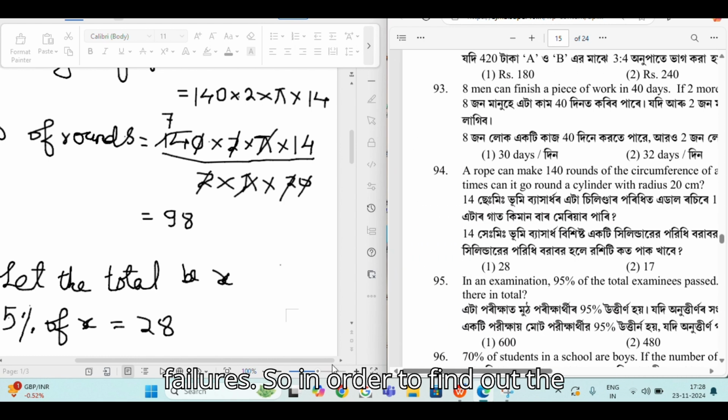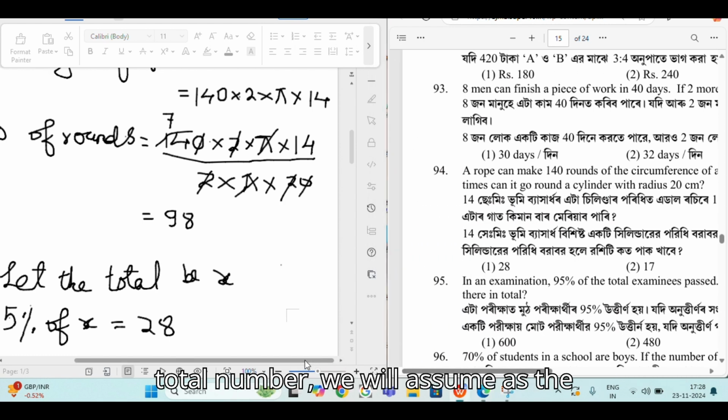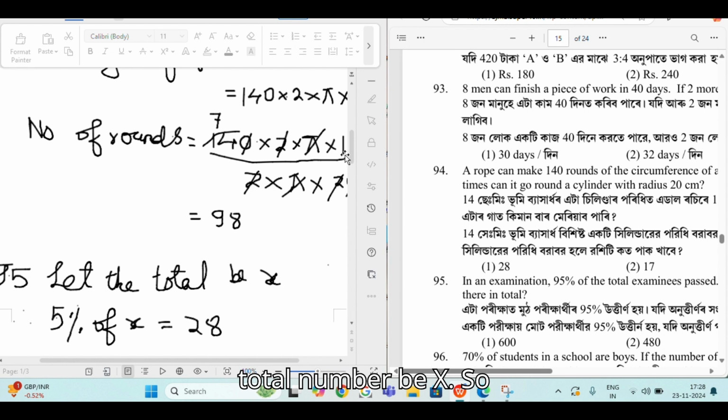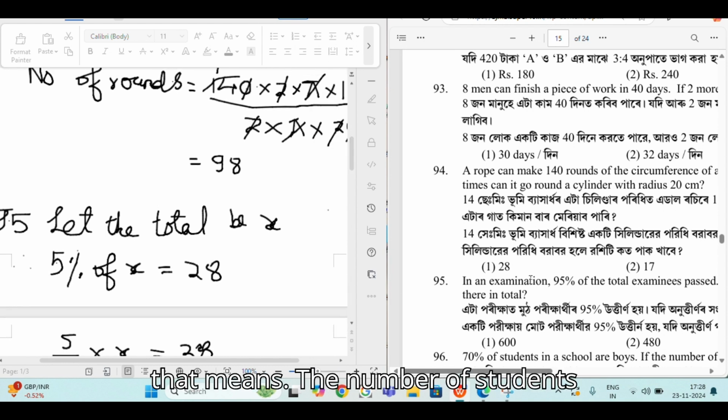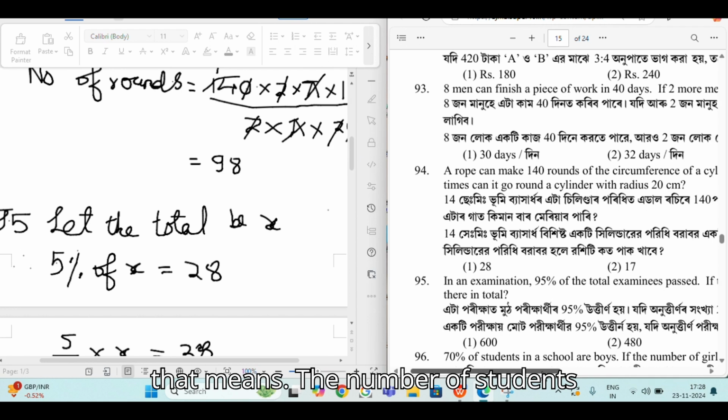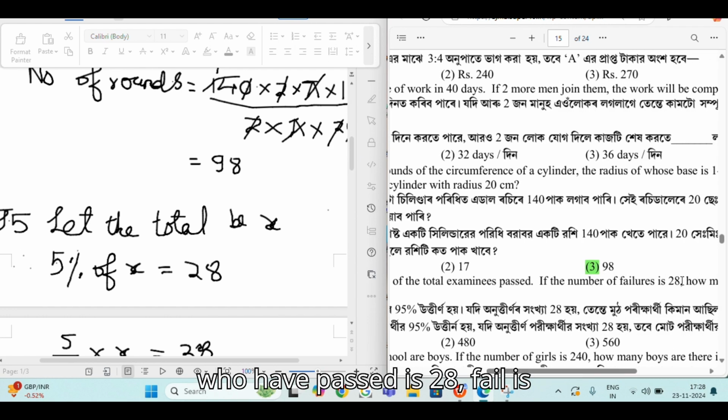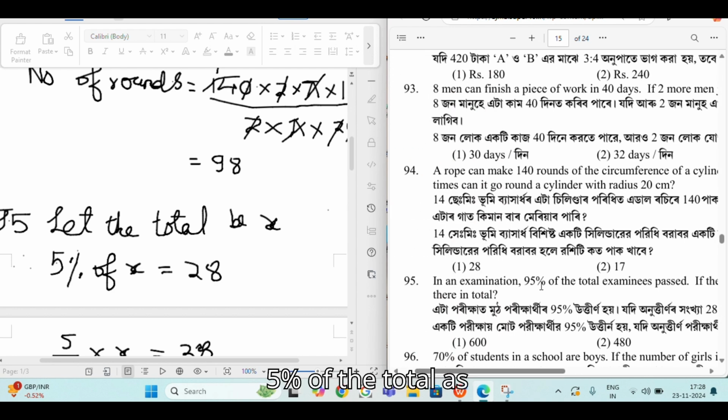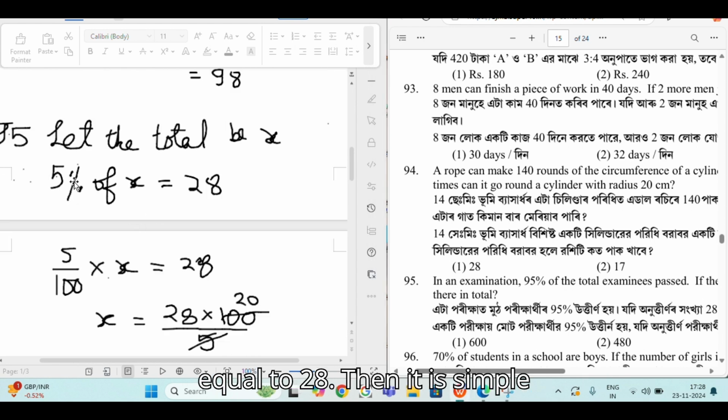In order to find the total number, we'll assume the total number to be x. Fail is 28. That means this is 5% of the total, as 95% have passed. So 5% of x will be equal to 28. Then it's simple: 5 by 100 into x will be equal to 28.